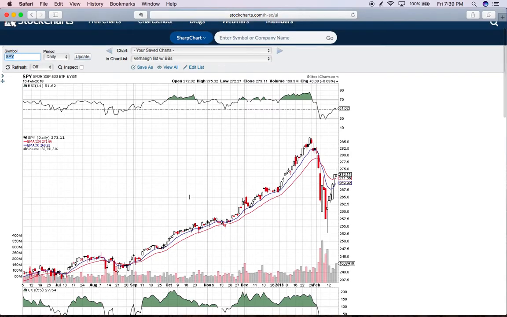So for example, you remember when we talked about the little 9/20 crossover? I showed you how to do that in one of the first videos. Here's the SPY daily. You could buy here at this crossover. Here, you could buy here. This goes all the way back to September, and you would hang on to it. You'd probably get out right here when it crosses below the red line, the 20, then maybe you hop back in up here somewhere.